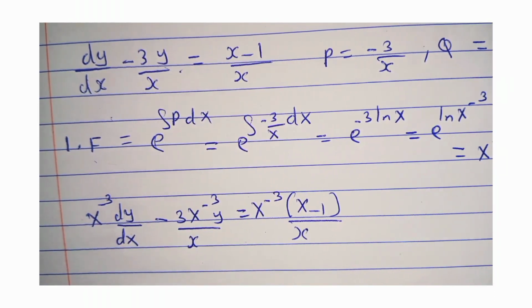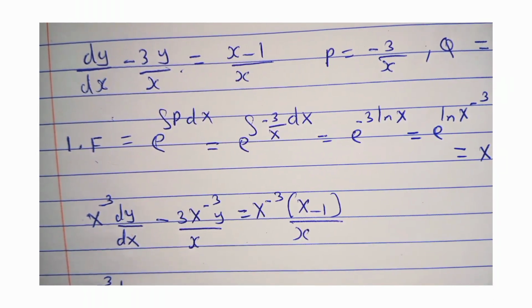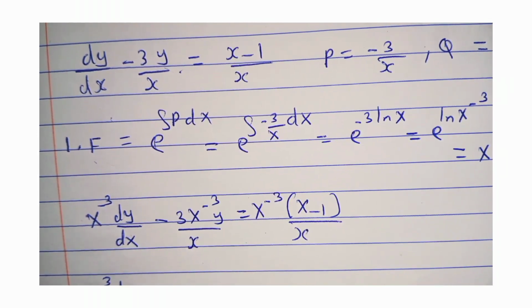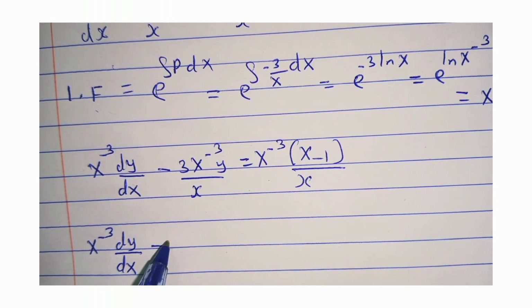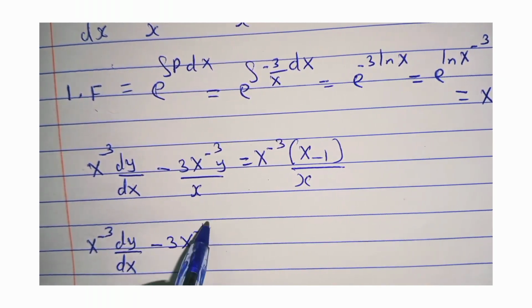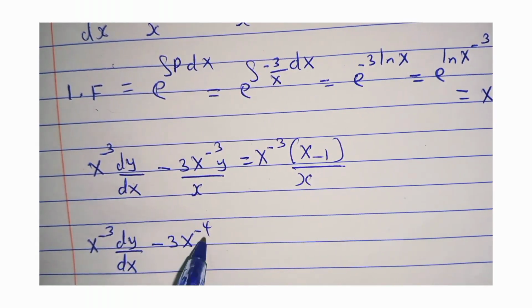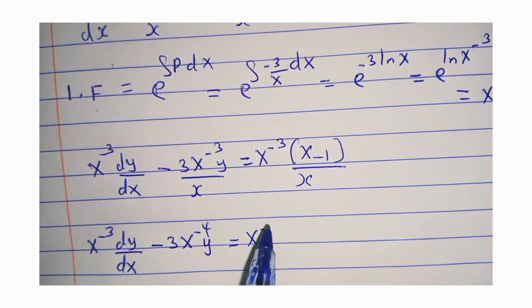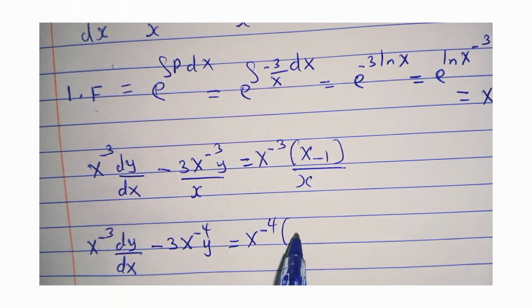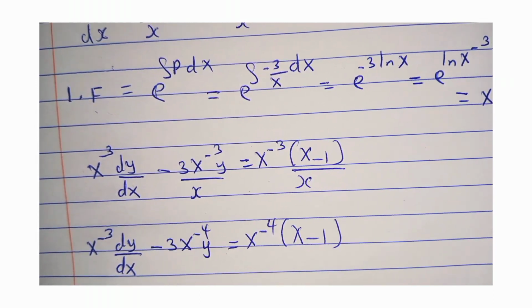This can be written as x to the power negative 3 dy over dx minus 3x to the power negative 4 y is equal to x to the power negative 4 into bracket x minus 1.